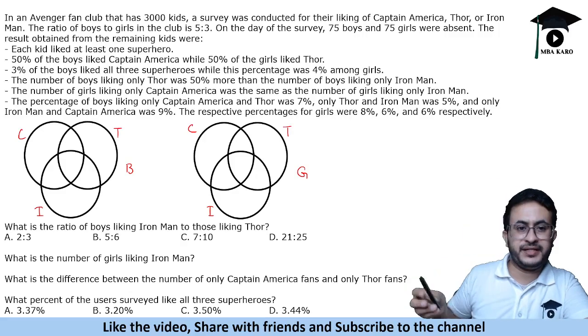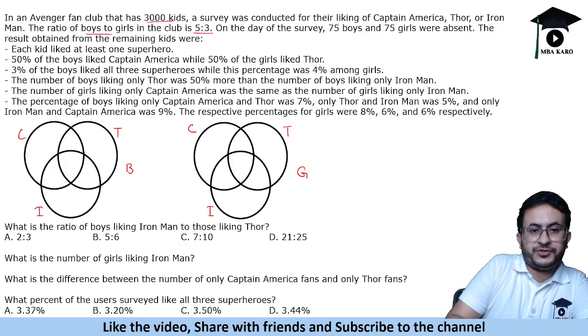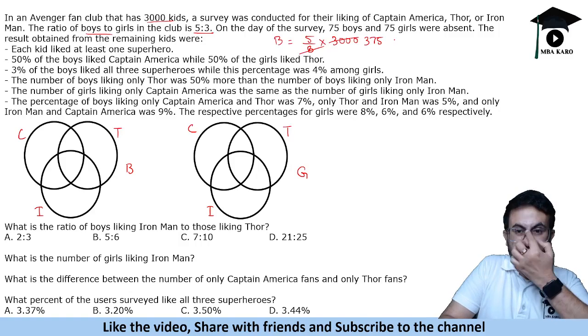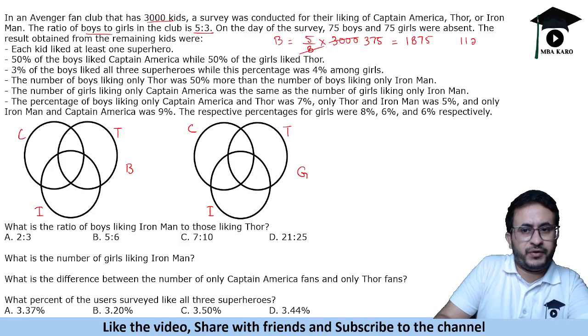So anyway, it says 3000 kids, boys to girls is 5:3, right? So boys is 5/8 of 3000, which turns out to be 375 into 5, which is 1875. So girls will be 1125.